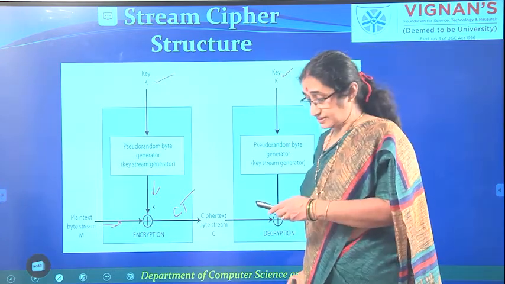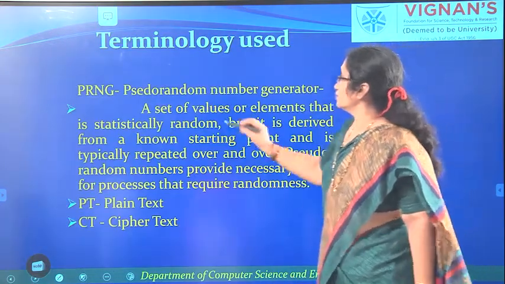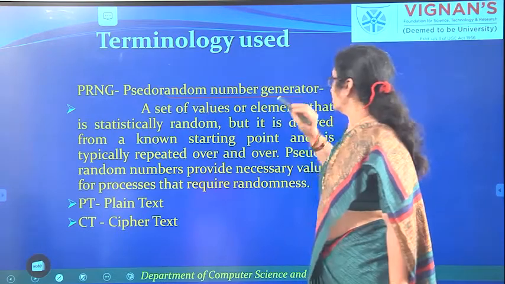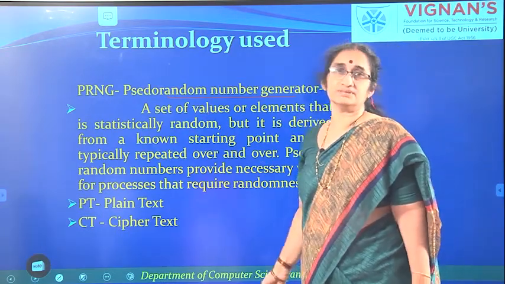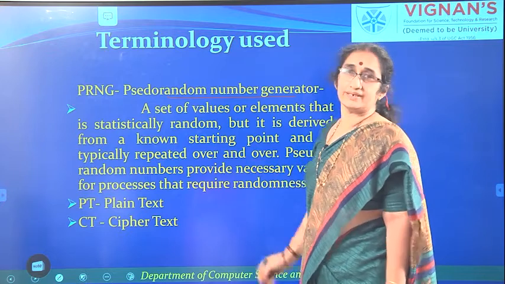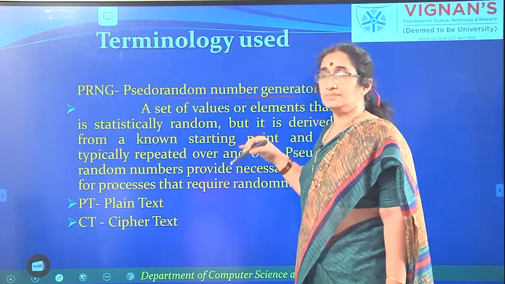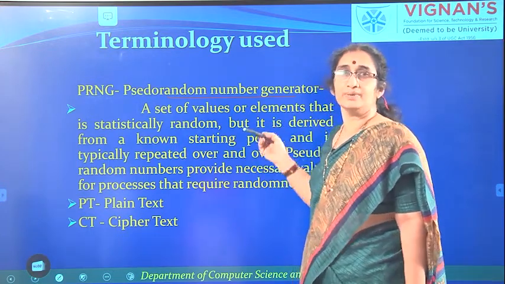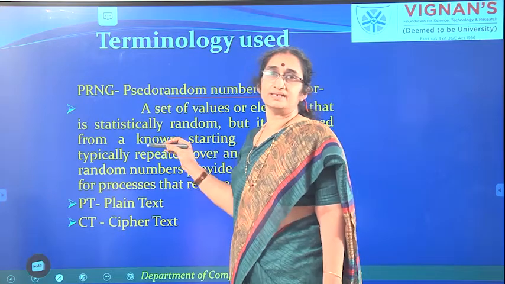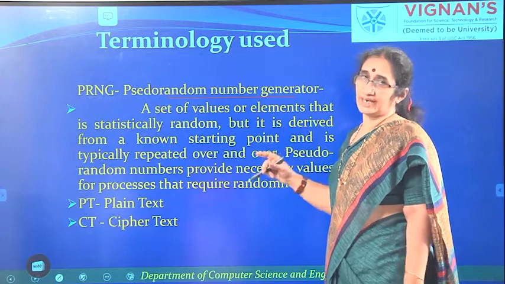We will see some of the technical terms used here. The main thing is the pseudo random generator. A random generator actually generates random numbers, but the pseudo random generator, depending upon the input value, generates the same stream of data, so that it can be used both by the sender and the receiver, but it gives the property of randomness.